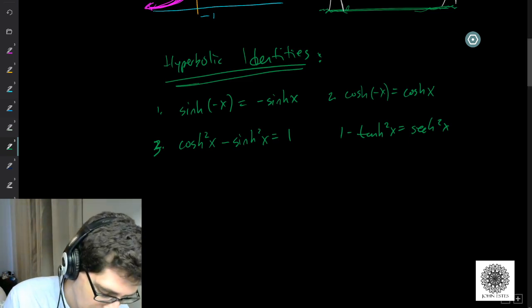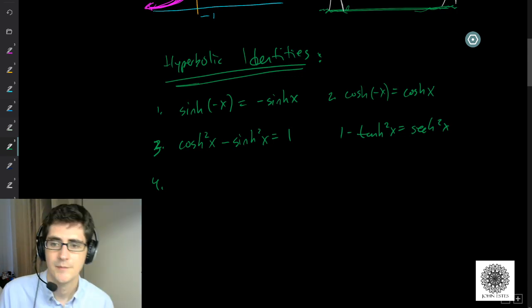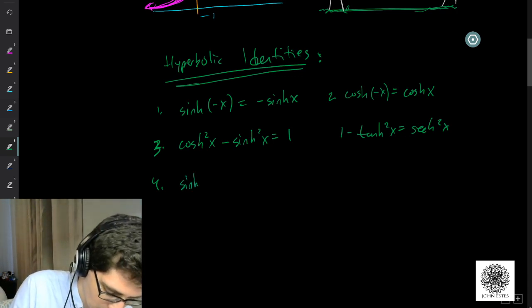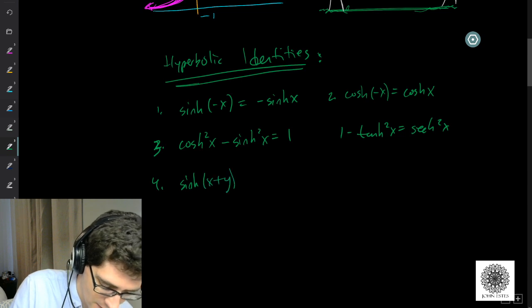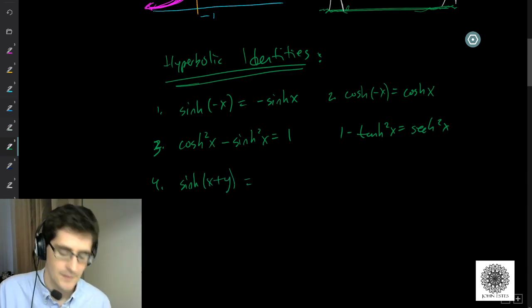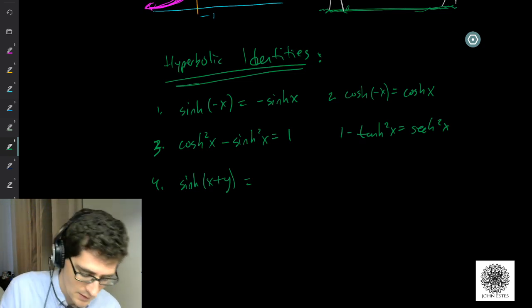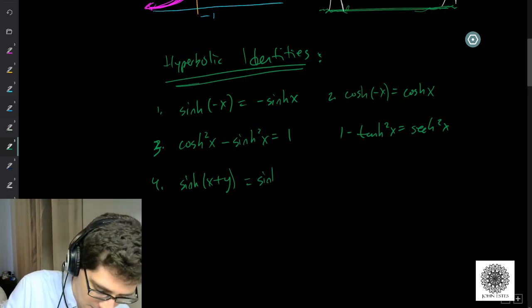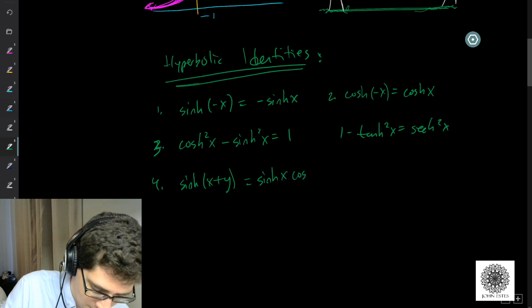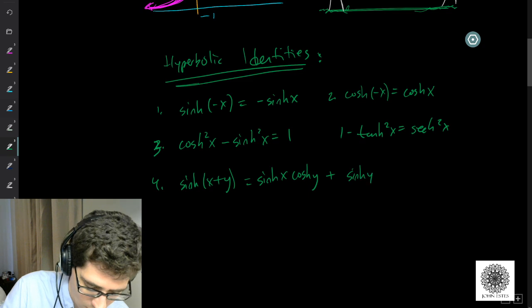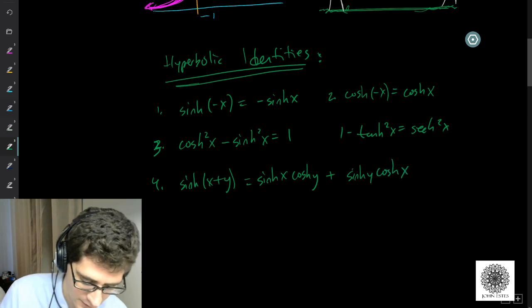You also have your sum and difference identities that are very similar. We'll just do sinh of x plus y. Sine of a plus b, for example, is very similar to this. It's sinh x cosh y plus sinh y cosh x.